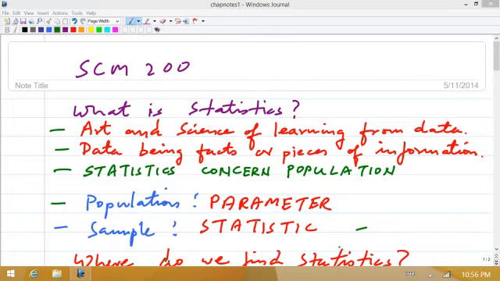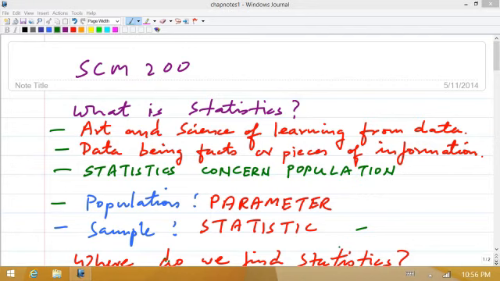Now, when it comes to businesses, business statistics is applicable to the business world, and whatever decisions are made to improve in the fields of marketing, operations, finance, and human resources, to name a few. So the characteristics of the population are captured by a parameter. The characteristics of the sample are captured by a sample statistic.